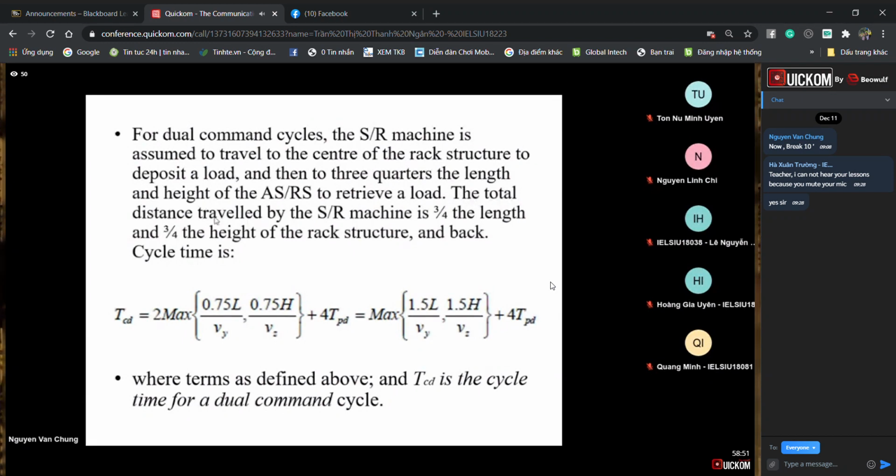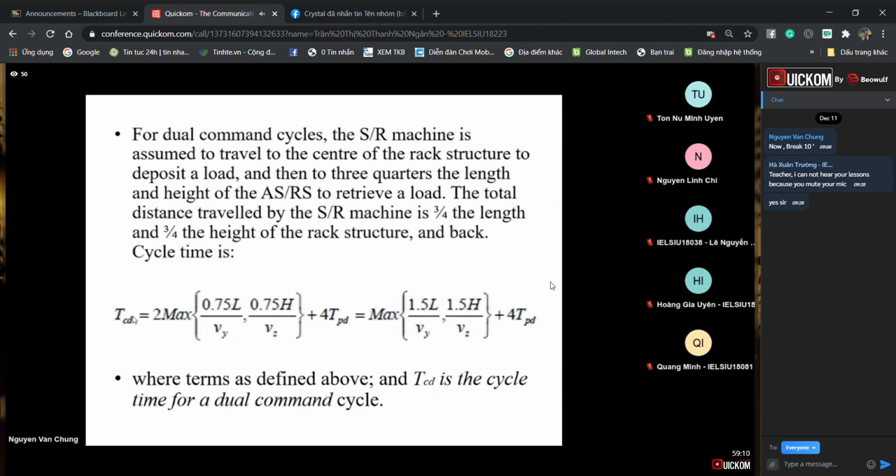The total distance traveled by the SR machine equals to UC is the length. Like that, it is the same. Okay, so you have the formula.